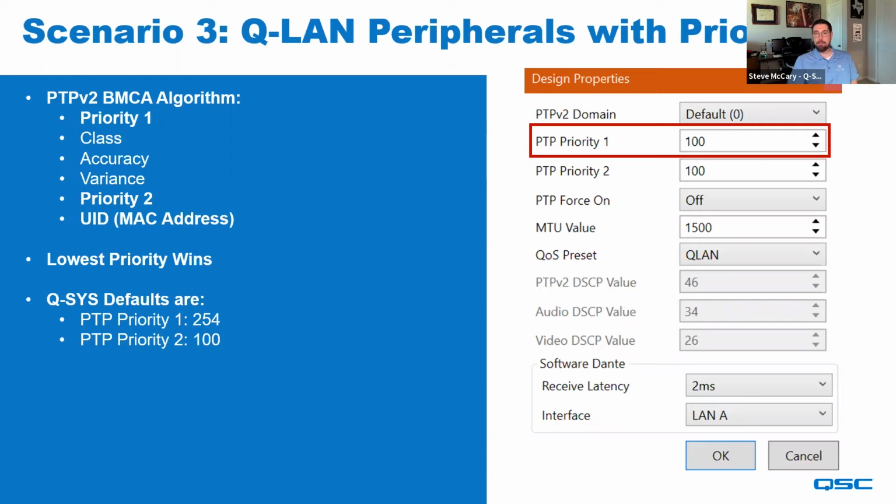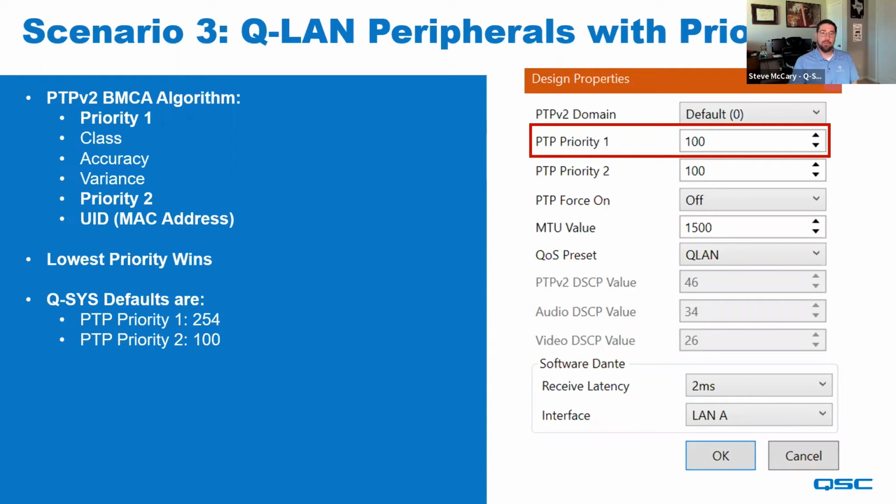By changing that priority, and the priority 1 comes at 254, the priority 2 comes at 100.